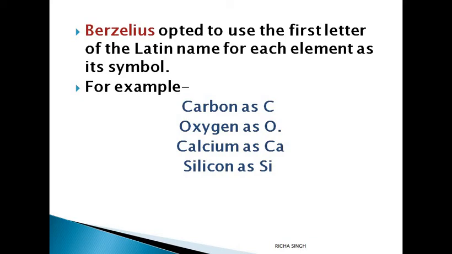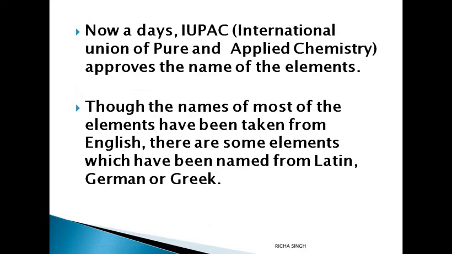Silicon is Si, with i in small, because S is already taken for sulfur. So this was proposed by Berzelius. Nowadays, IUPAC, the International Union of Pure and Applied Chemistry, approves the names of the elements.